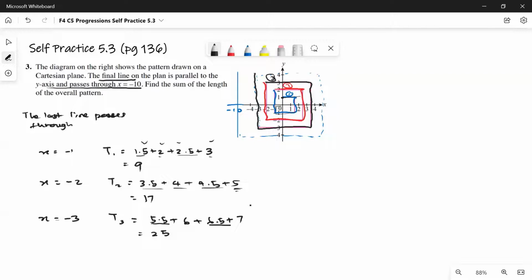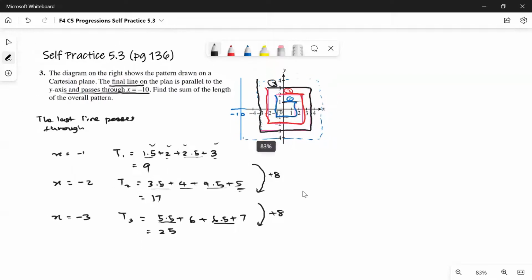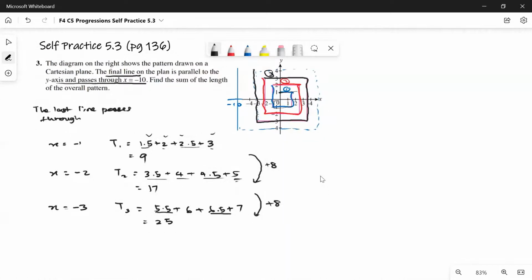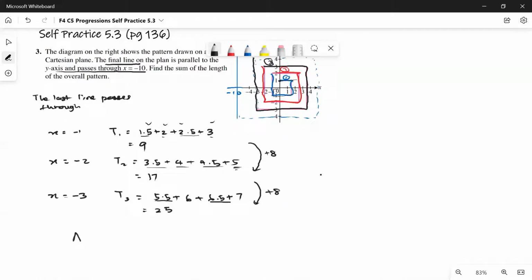Take note that this is an AP. Why? Because if we take 17 minus 9, we have 8. From 9, we plus 8 to get 17. From 17, we plus 8 to get 25. So we can make a conclusion that this is an AP with our first term 9 and our common difference 8.